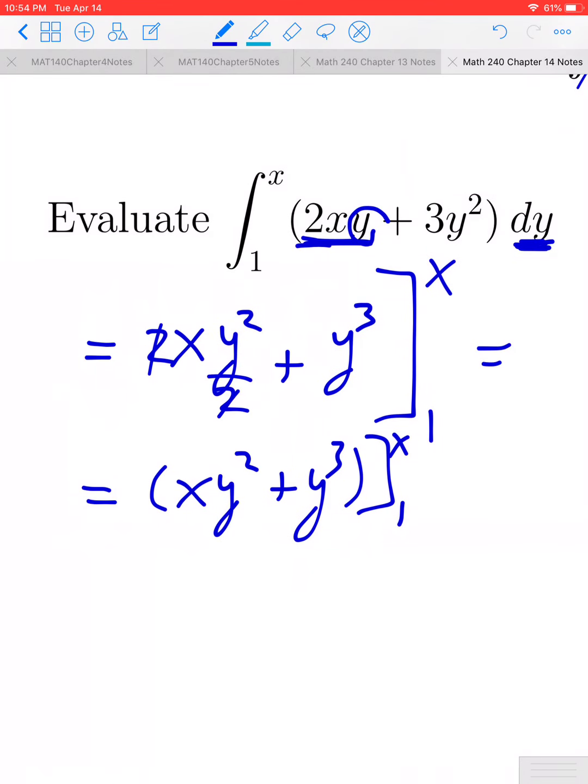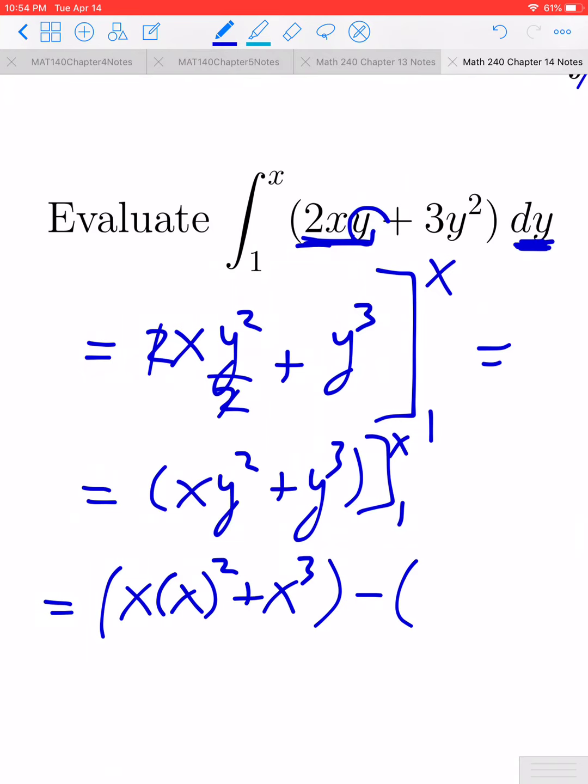Remember, we integrated with respect to y, so we're going to substitute these limits into the y variable. So everywhere we see a y, I'm going to put the upper limit, or the upper bound of integration. That's going to be x times x squared plus x cubed, and then subtract what we would get if we plugged in the lower limit of integration for y.